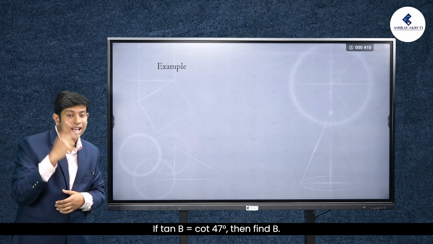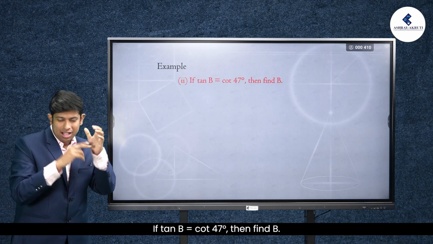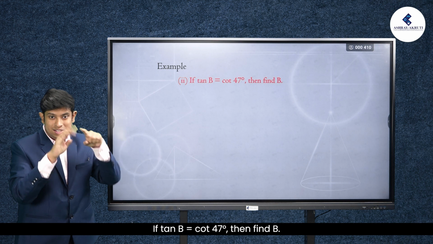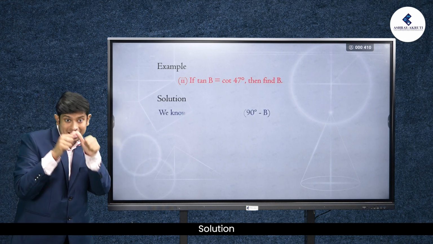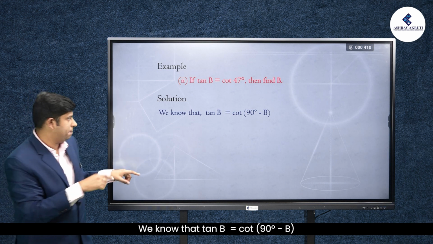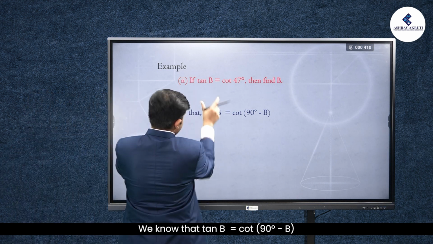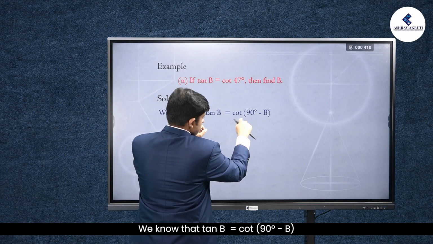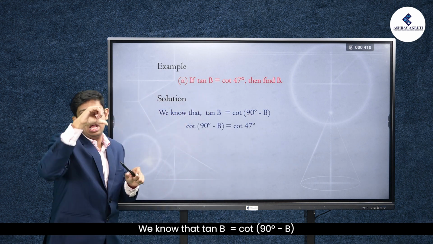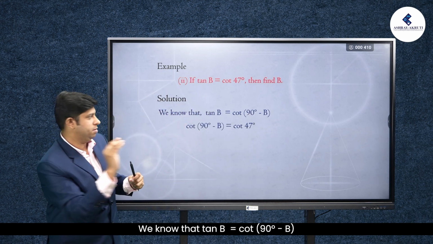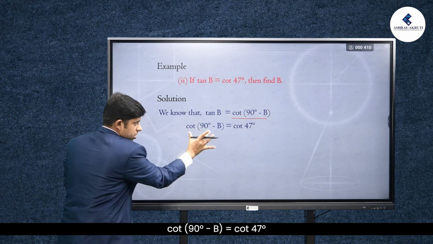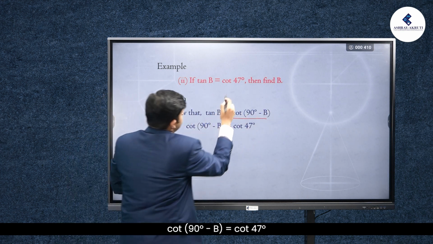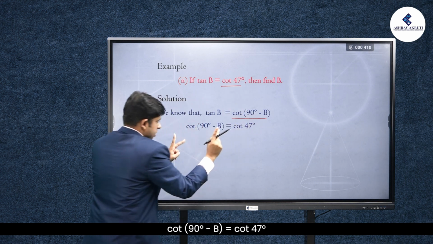Example: if tan B is equal to cot 47 degrees, then find B. Solution: we know that tan B is equal to cot 90 degrees minus B. So, cot 90 degrees minus B is equal to cot 47 degrees.